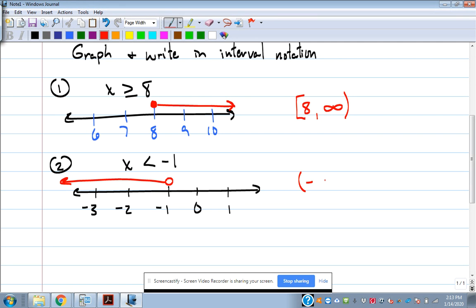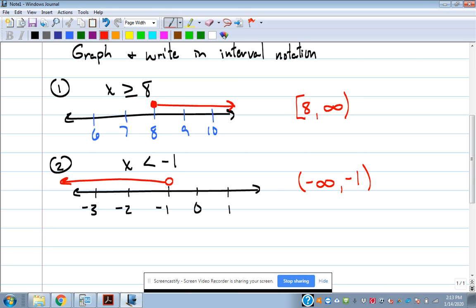And then the highest number that is an answer is right before you get to -1. We're going to write -1 with a parenthesis beside it, saying we're not using -1, we're using the numbers right up to the edge of -1. So you get the graph and the interval notation.